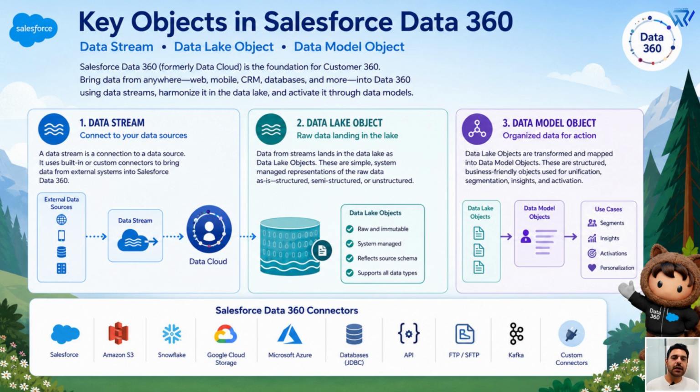We can bring data from multiple places, whether our customers are visiting our websites, using our mobile applications, present in CRM systems, present in external databases, or present in other financial products. We can bring that data within the Salesforce Data 360 by establishing a data stream.